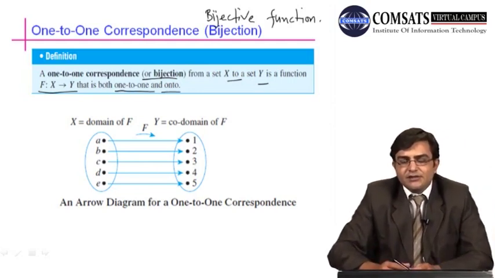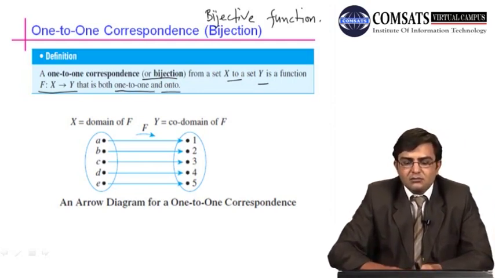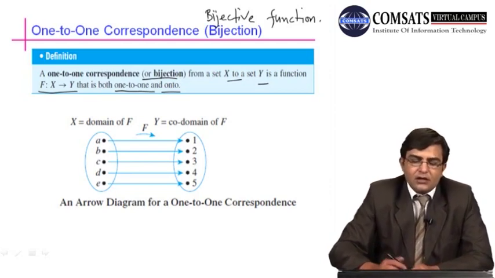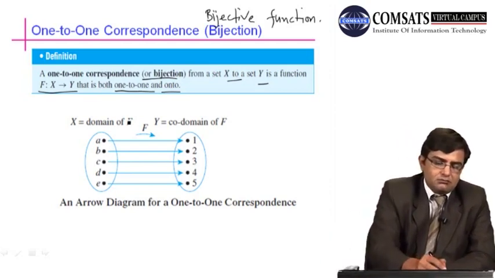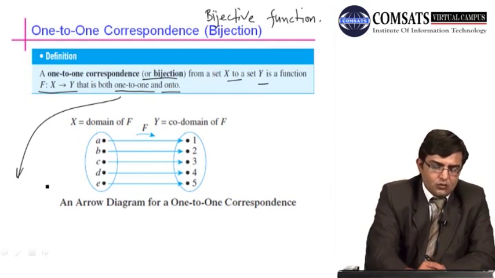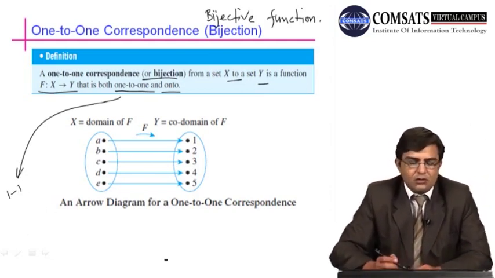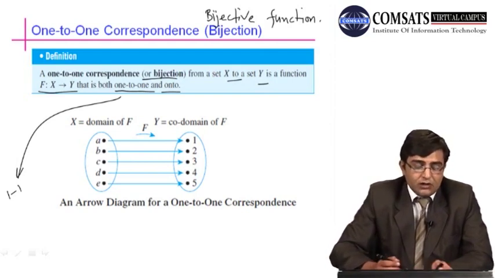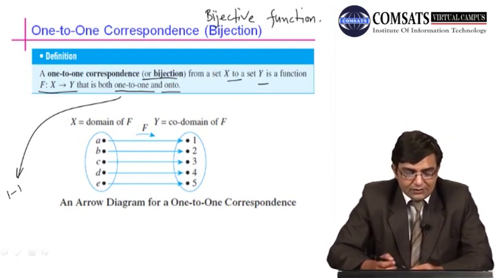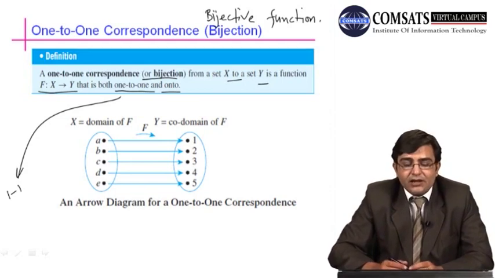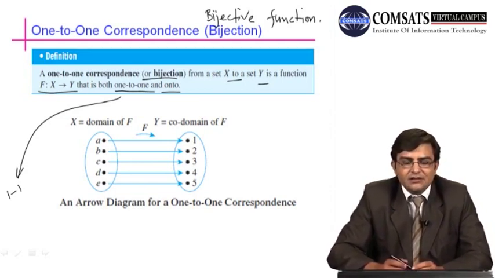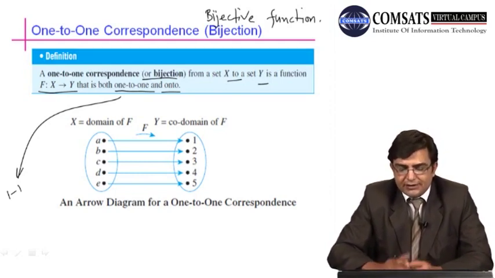Shortly we usually write it as one-one. So any function which is both one-one and onto is called a bijective function, bijection, or one-to-one correspondence between two sets.